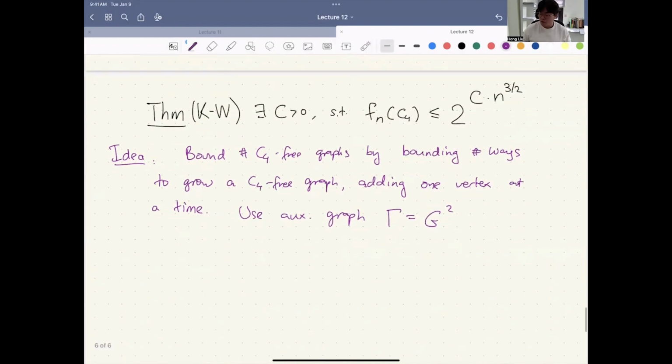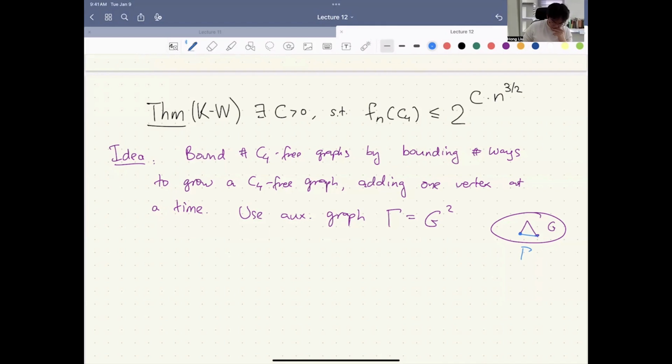Square of a graph just means if in the graph G you have 2 vertices at distance 2, then I add an edge in Gamma. So it's possible that a pair is an edge in both G and Gamma, if you have a triangle, for example.